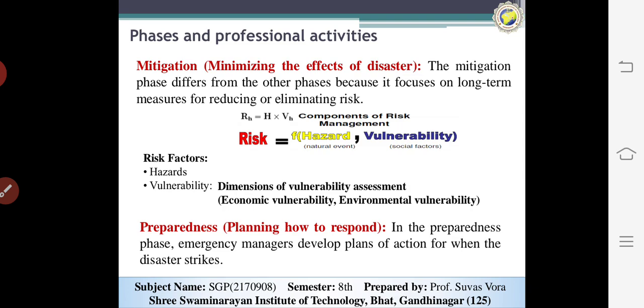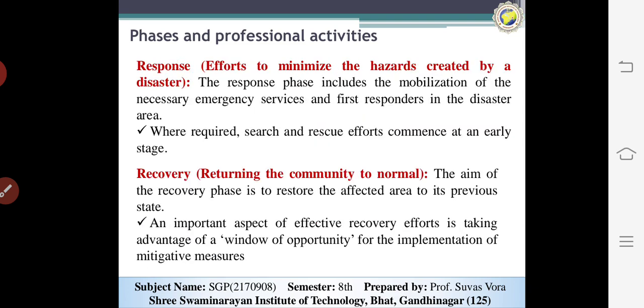Then the response, which means the effort to minimize the hazards created by the disaster.